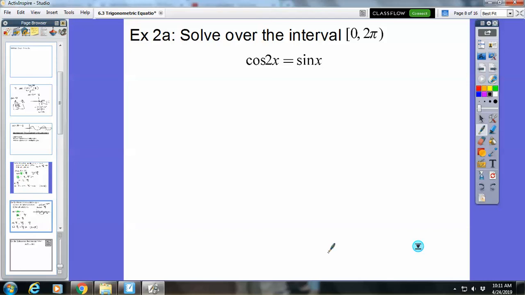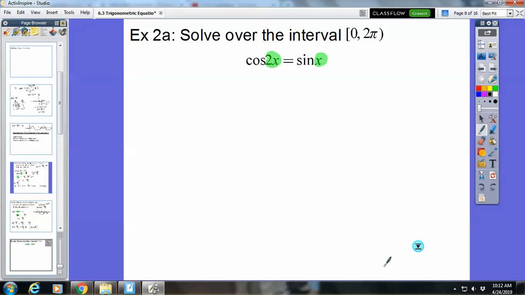What would you do first here? Or what do you notice about this? There's 2 trig functions, and if you look, their angles aren't the same. I would like to have the same angle before I go to solve this. So I noticed a couple of you grabbing your flip charts.